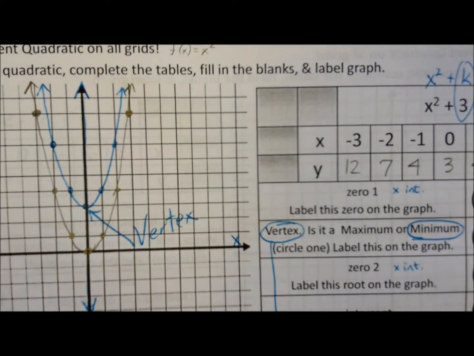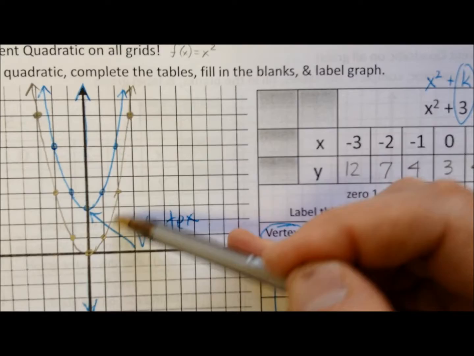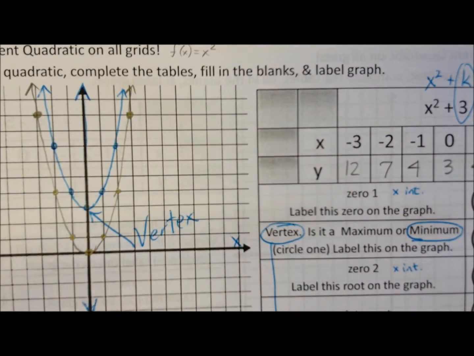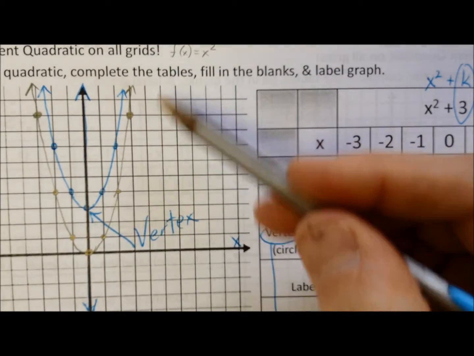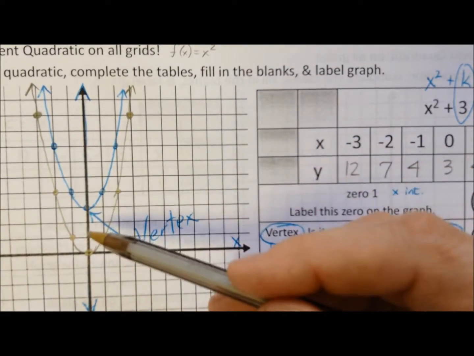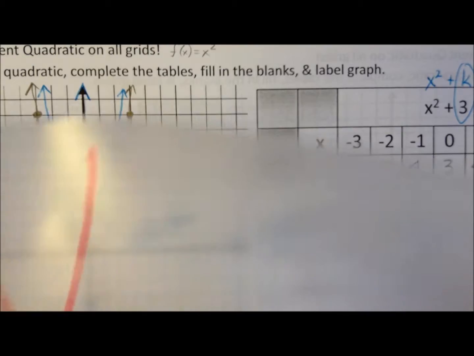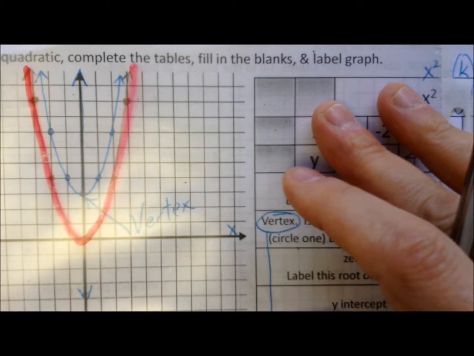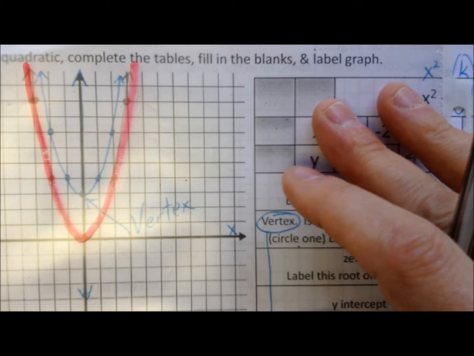How did the parent, which is in pencil over here, change to the one in blue? A lot of people will say that the parent is bigger, it's wider, and I'm going to tell you that it's not, and I'll prove it. So we take a look right here. This is an outline. It fits exactly over the parent.